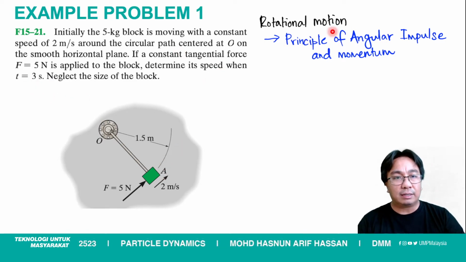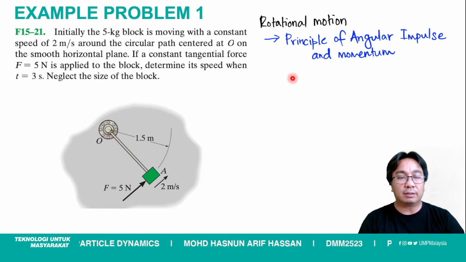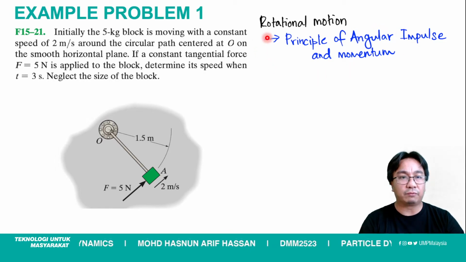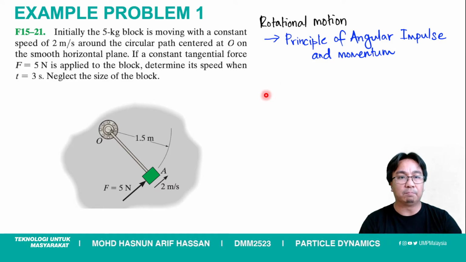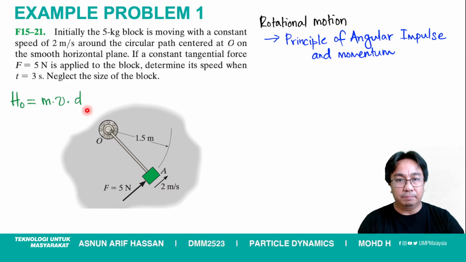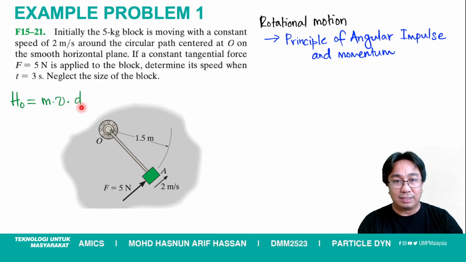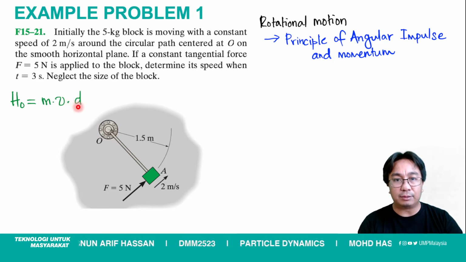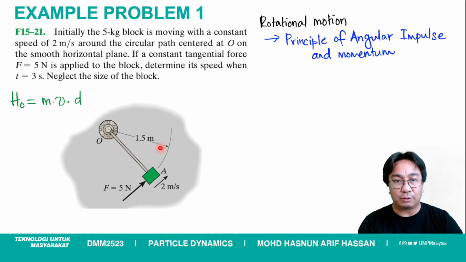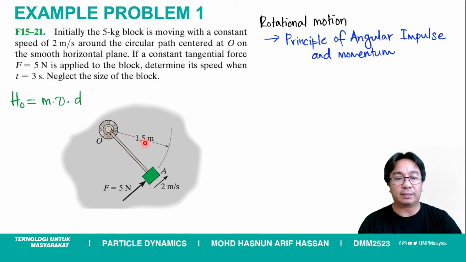This should be solved using the principle of angular impulse and momentum. From our previous slide, we know that HO, the angular momentum, is the mass multiplied by the velocity multiplied by the distance from the particle to the reference point O. In this case, it is equal to 1.5 meter.